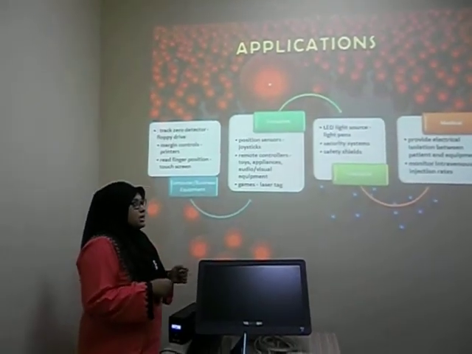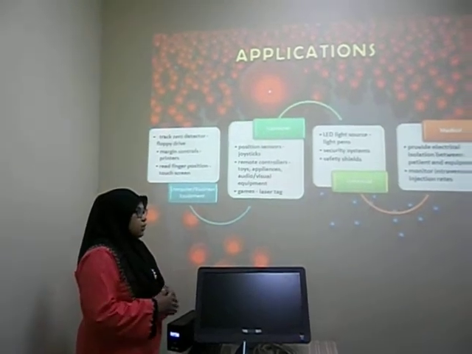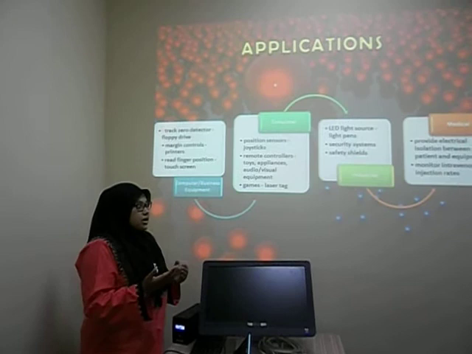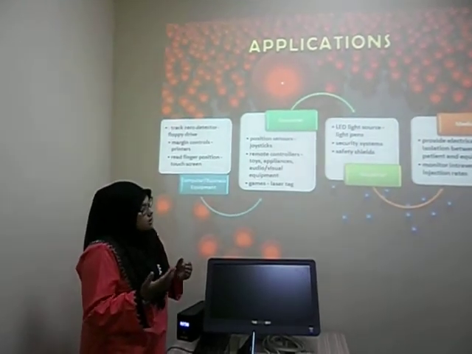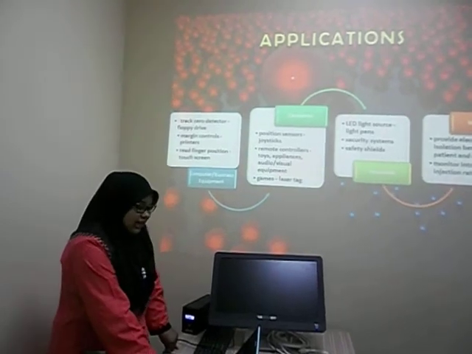And lastly, for medical, it provides electrical isolation between the patient and equipment. An example is a monitor for intravenous injection rate. Okay, that's all.